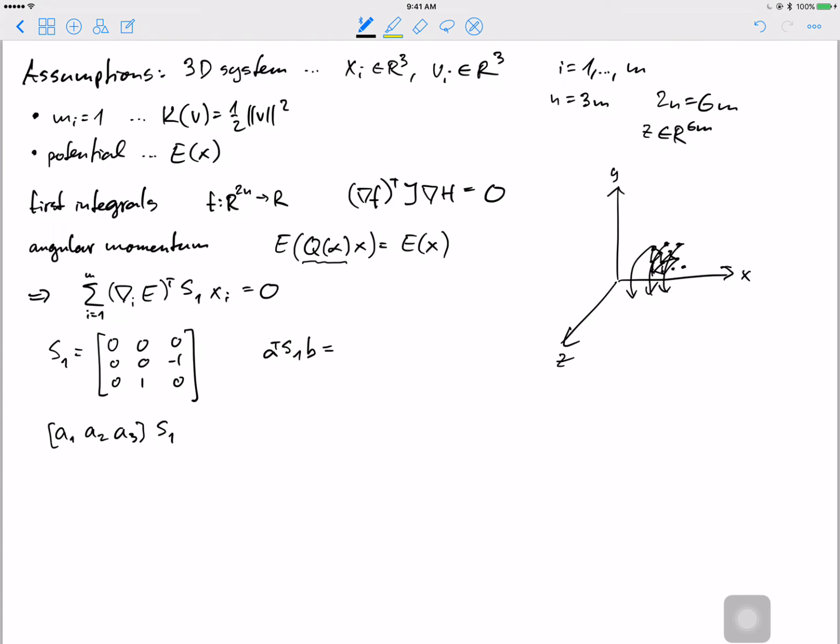I put the S1 here, then B1, B2, B3. Now I just do the matrix products, so we can do that in our heads. Here you will get 0, minus B3, and B2. That's S1 times B. And that equals A3 B2 minus A2 B3.